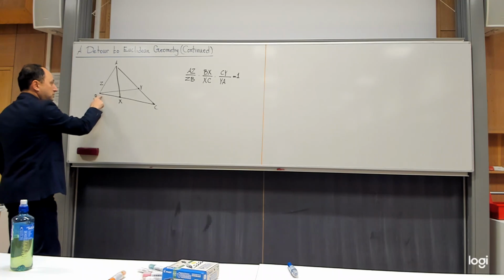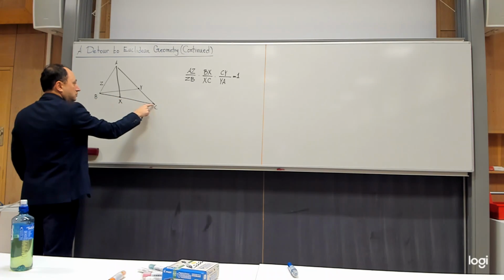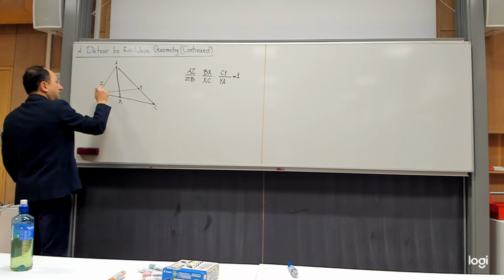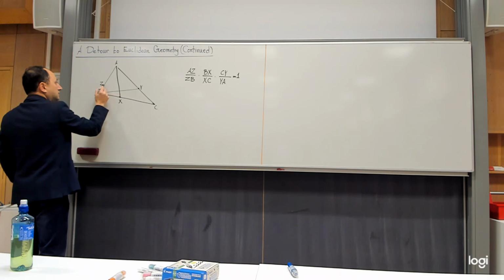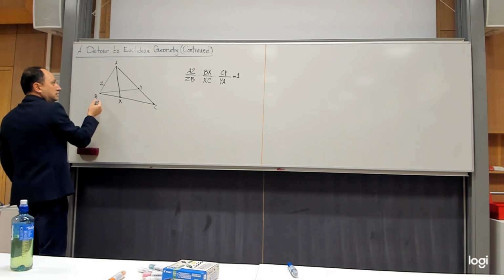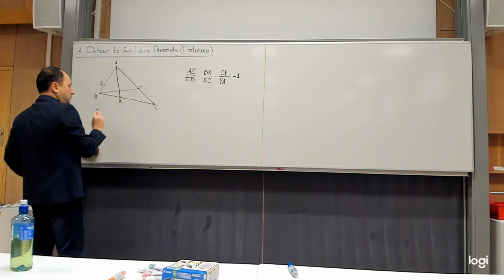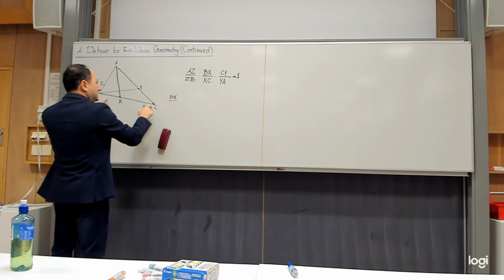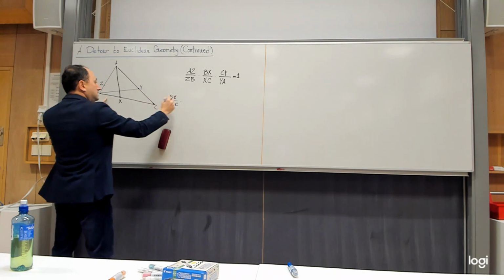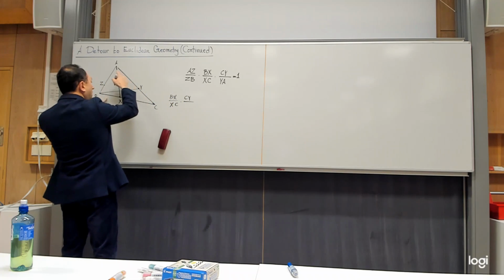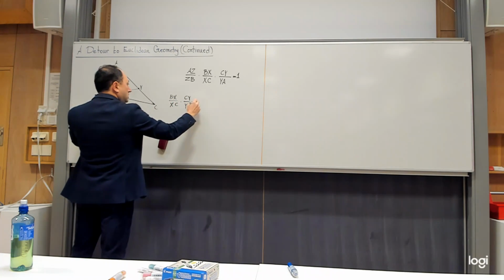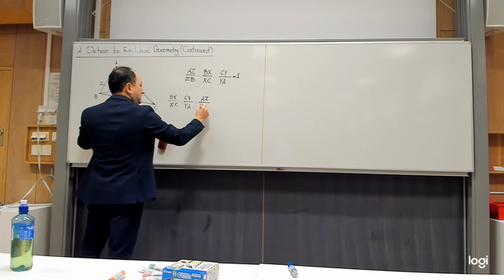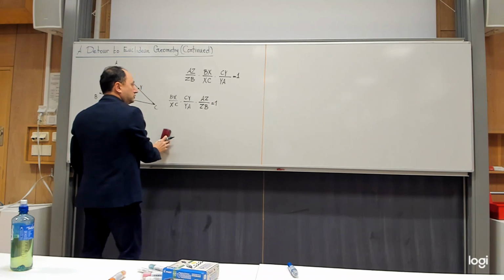So I know that BX over XC multiplied by CY over YA, multiplied by AZ over ZB is equal to 1. This we know.